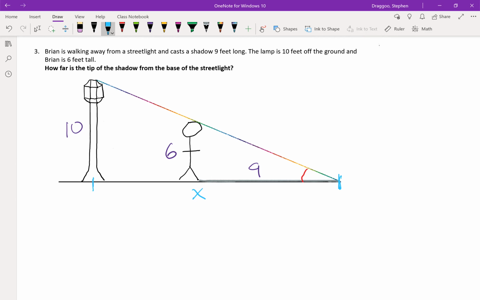I should be able to say that x divided by 9 is equal to 10 divided by 6.